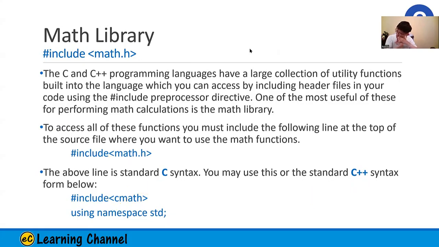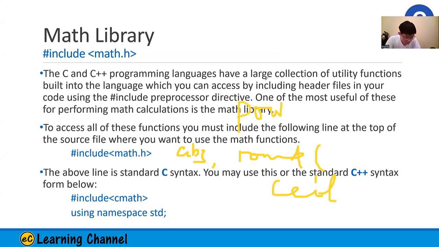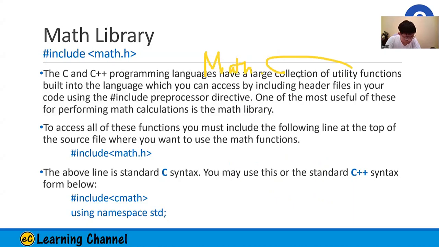And this math.h is including your abs function, your rounding function, your ceiling function, your power function, everything that in Java you use Math dot something is roughly in math.h. Any questions so far? Except the random, they don't have random. No. No questions.